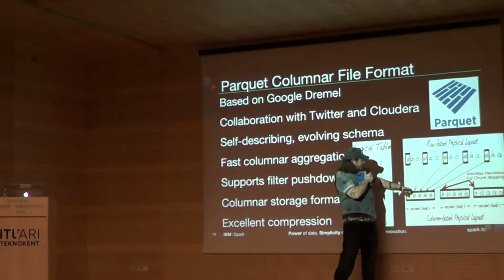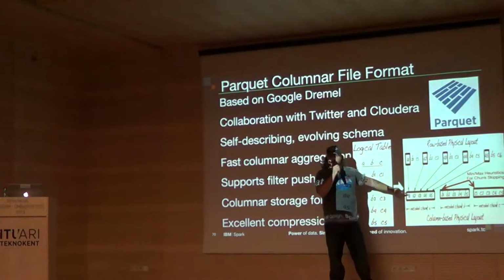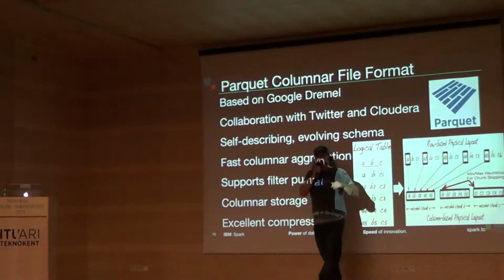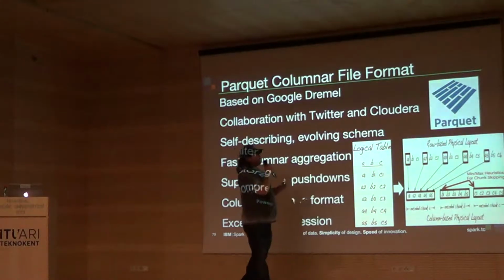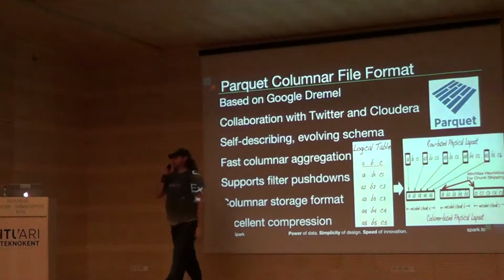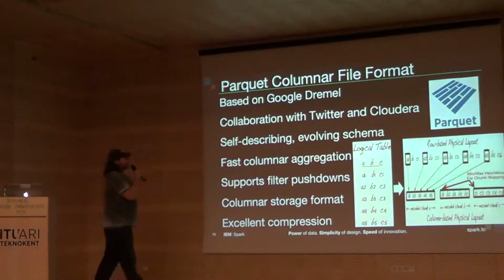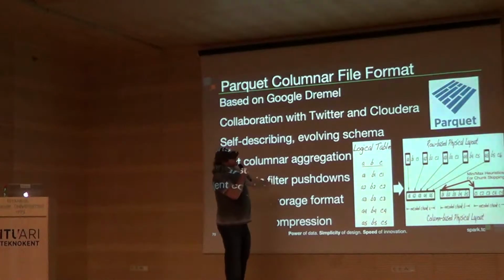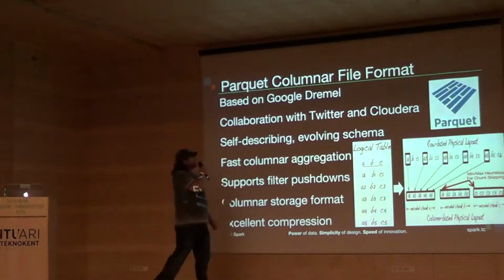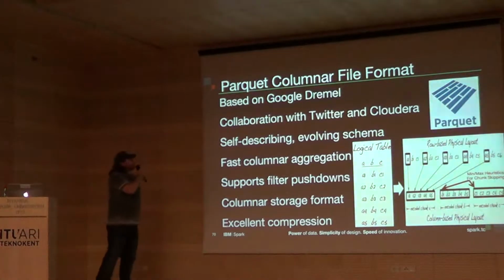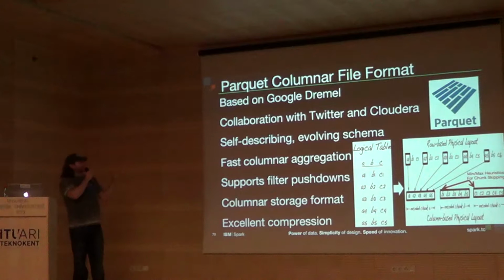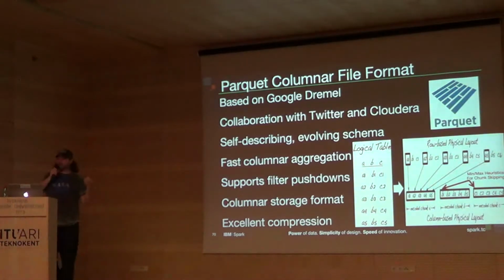If you crack open the header and see the min-max, and see that the values you're looking for aren't there, then you skip across. But if you're just doing a sum, you can seek once and get all the data, and it's nice and clean. Also, the schema is self-describing, so every file has the schema buried within it.